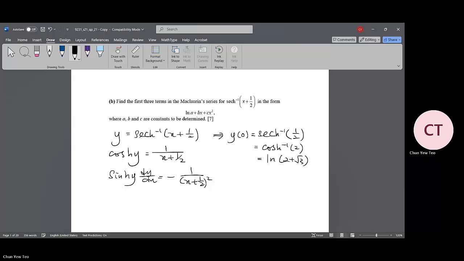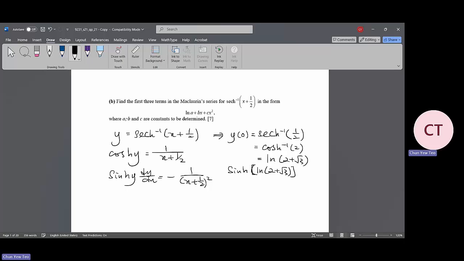Then after that, we need to know sin y. When x is 0, your sin y is sinh of ln of 2 plus root 3.